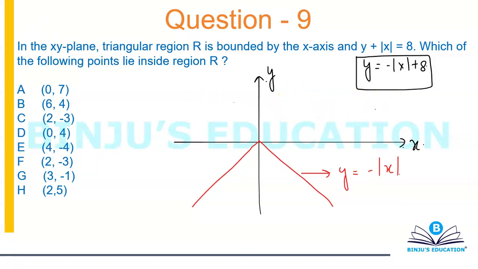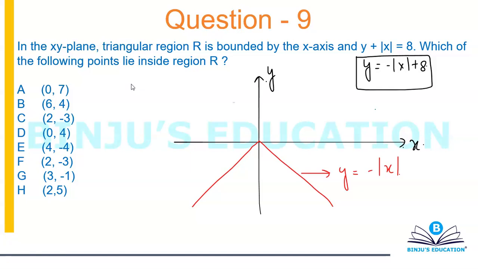Now it's not over yet, because what I am searching for is y is equal to minus mod x plus 8. Now, can I say that I'm adding 8 as a constant here? So I told you when we were doing shifting of graphs, that whenever you add something, the graph goes up by that many units.